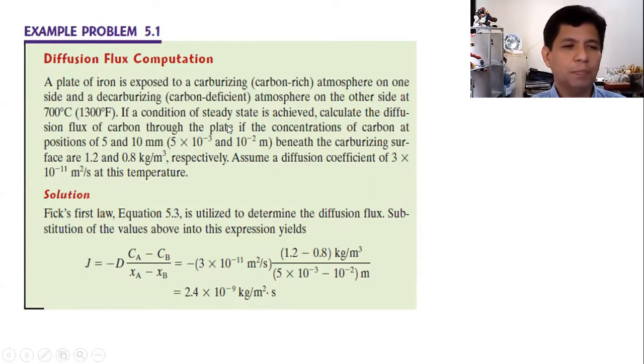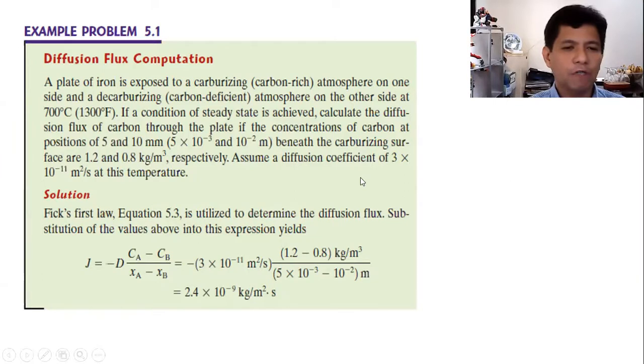If a condition of steady state is achieved, calculate the diffusion flux of carbon through the plate if the concentration of carbon at position 5 and 10 millimeter beneath the carburizing surface are 1.2 and 0.8 kilogram per cubic meter. So ito yung unit ng concentration. Ano, kilogram per cubic meter respectively.